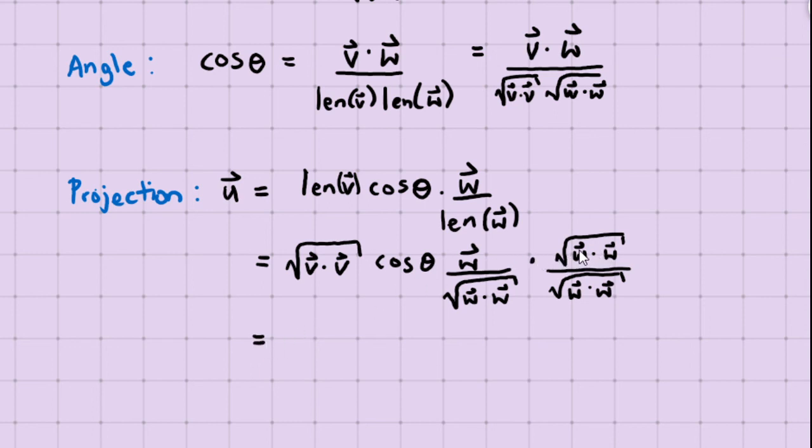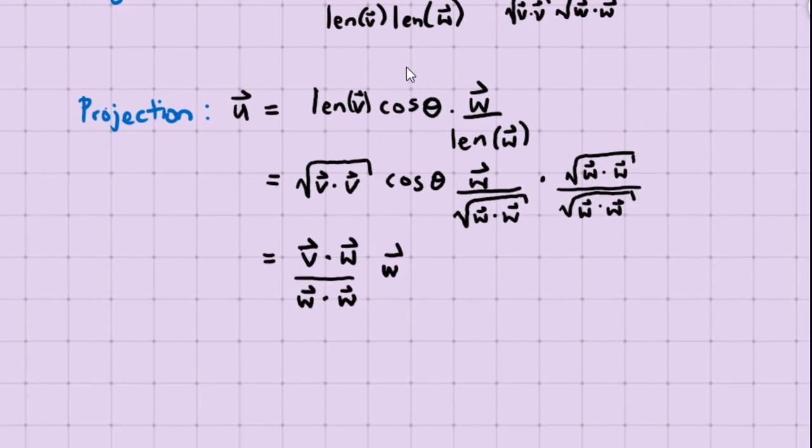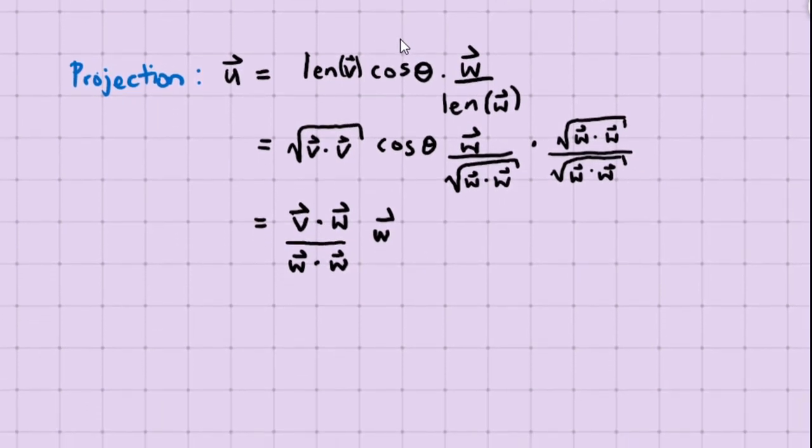I will take the length of v and the length of w and the cosine theta, and that's the same thing as v dotted with w divided by w dotted with w, times w itself. So this is the vector u, which is a kind of projection of the vector v onto the vector w.